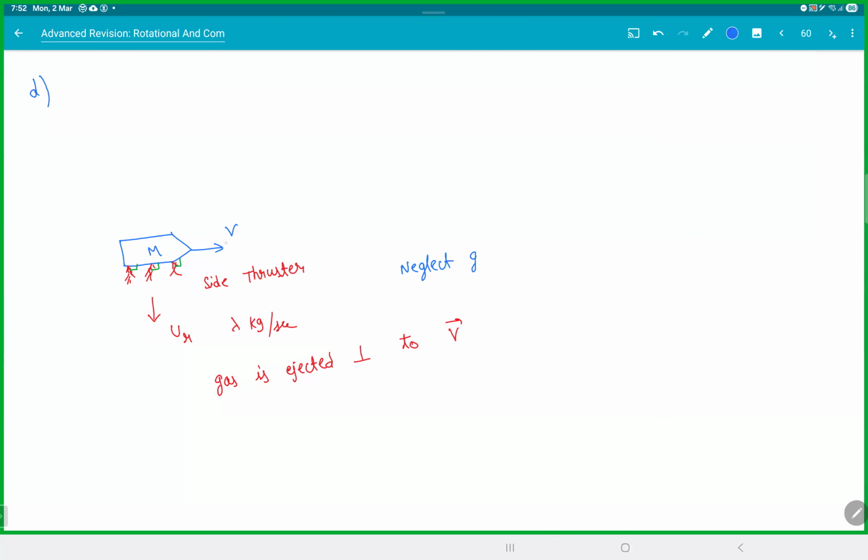This rocket will not go in a straight line anymore. The rocket will actually start deviating. You have a main thruster here that will increase your speed, but these side thrusters adjust the direction. So the rocket will become something like this after time t. Delta is the deviation of the rocket. Find delta as a function of time t.